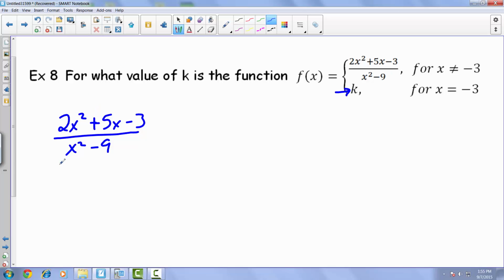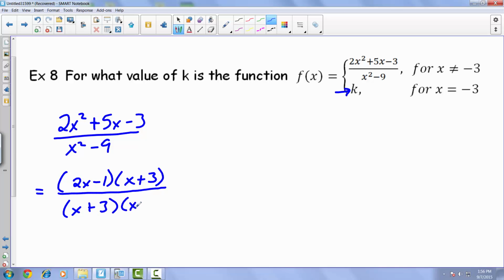If we factor the top, we end up with 2x minus 1 times x plus 3. On the bottom, it's simply the difference of two squares, and that factors out to be x plus 3 times x minus 3. Lo and behold, these x plus 3's cancel, leaving us with just 2x minus 1 over x minus 3.